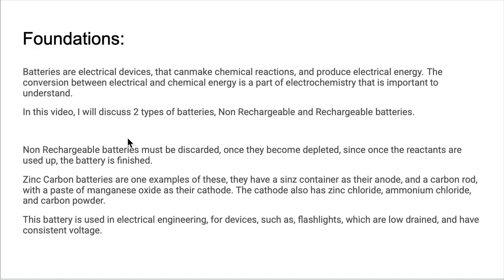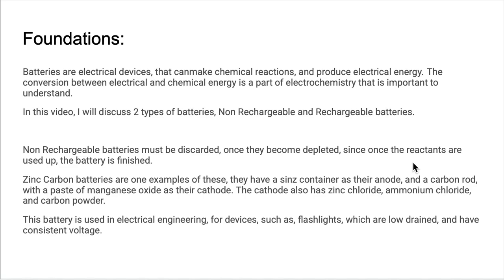These are batteries that have to be discarded eventually. Once they're used up completely, they must be discarded. That's because they become depleted, meaning used up. They run out at some point, and the reason that happens is because, as discussed earlier, there are chemical reactions that happen in batteries.